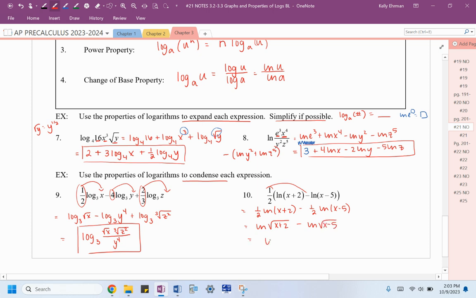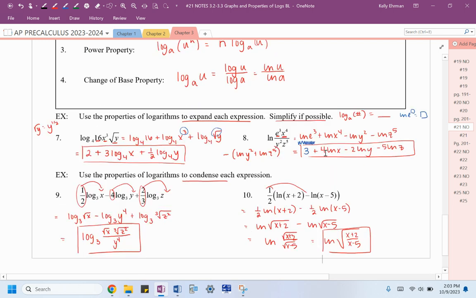And subtraction means when we put this into a single natural log, it's the square root of x plus 2 over the square root of x minus 5. I don't really want you to rationalize that, but I would like you to recognize that that's the same as the square root of x plus 2 over x minus 5, just because I think that that's probably the form that we would be looking for if this were somehow a multiple choice question.